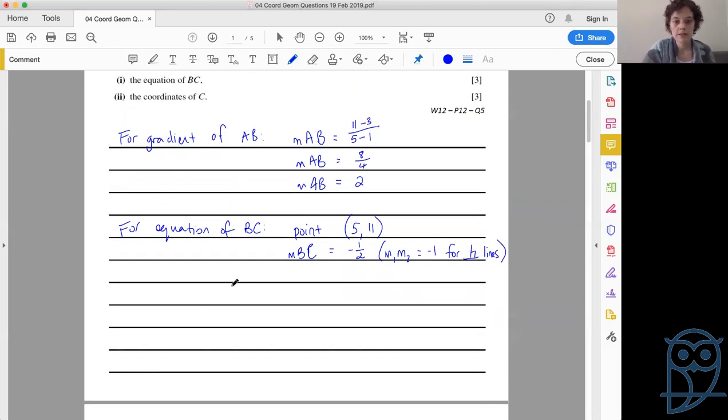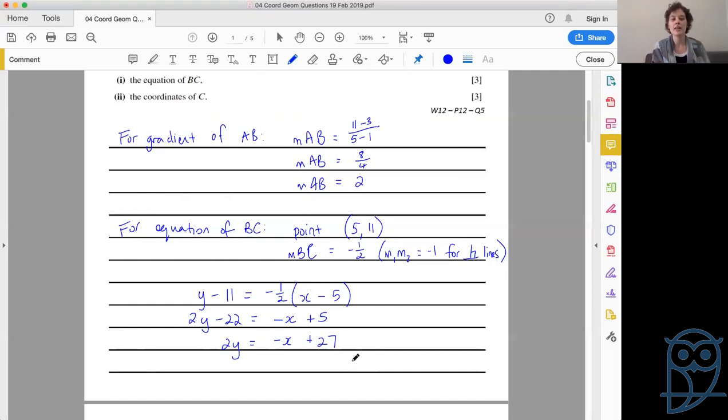So BC, now we have y minus y1 equals m(x minus x1). So now we simplify: 2y minus 22, I don't like those fractions, equals minus x plus 5. 2y equals minus x plus 27, I believe. Shout if I do go wrong.